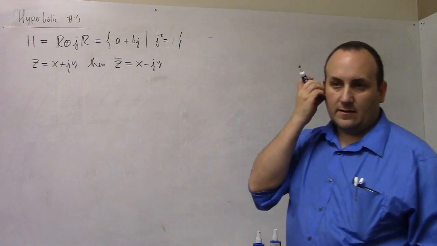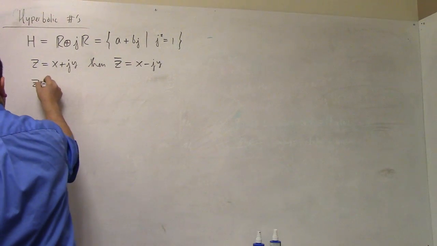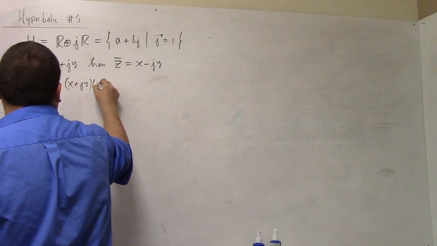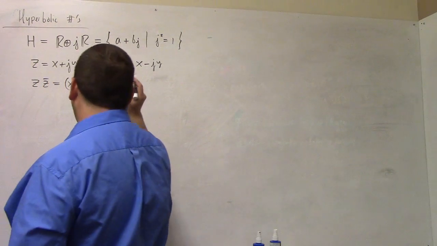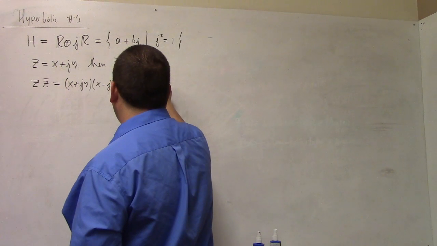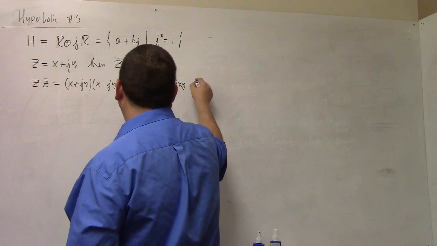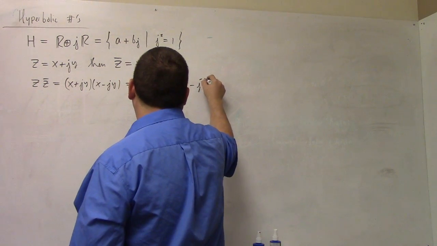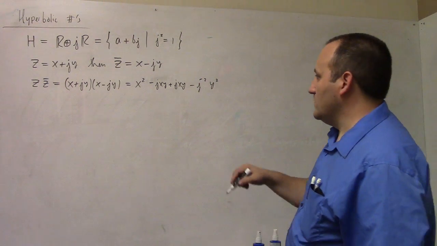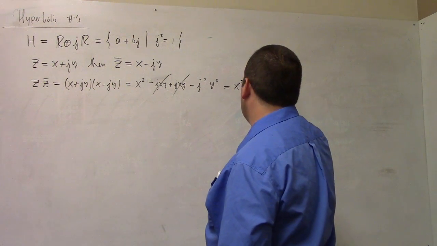But the product of z and z bar is x plus jy times x minus jy, which is equal to x squared minus jxy plus jxy minus j squared y squared. So these cancel as usual, and you're left with x squared minus y squared.